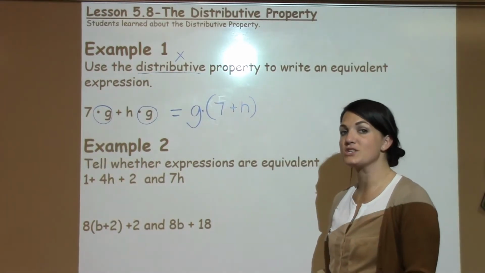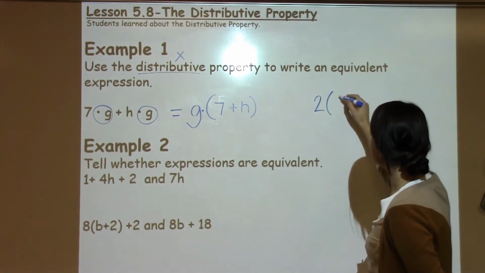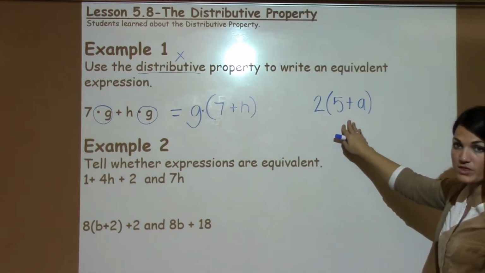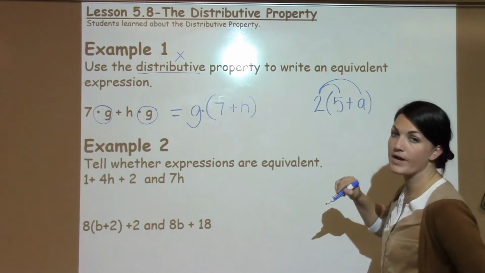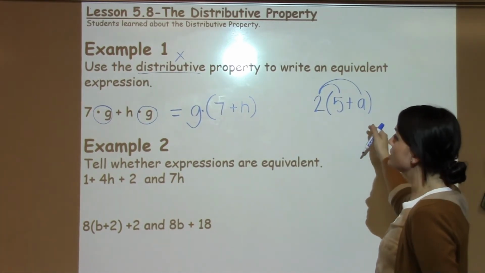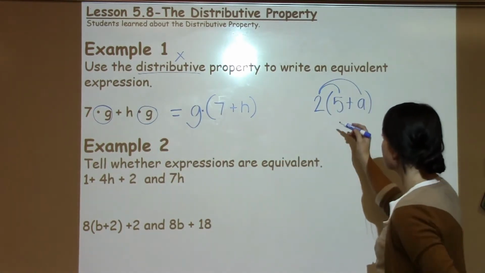Now, another way that your students might need to work with the distributive property is if they see a problem like this, where they already have the parentheses of what they're working with, and then they need to actually show what it would look like if that 2 were to multiply by everything inside. So kind of going in the opposite direction, from parentheses back to the regular expression.